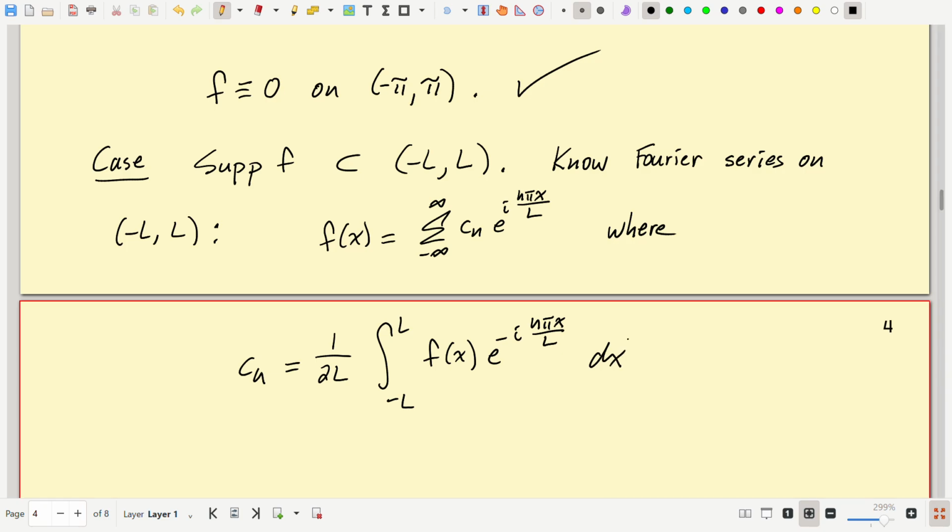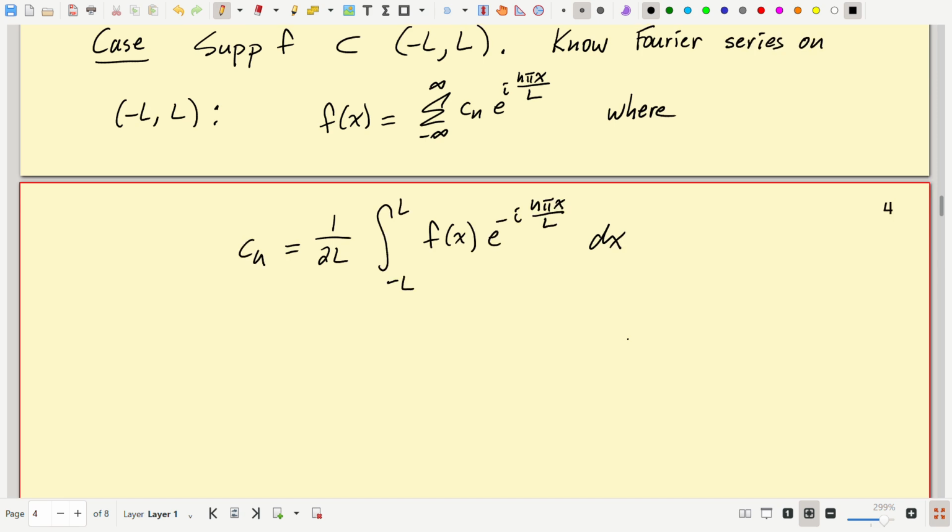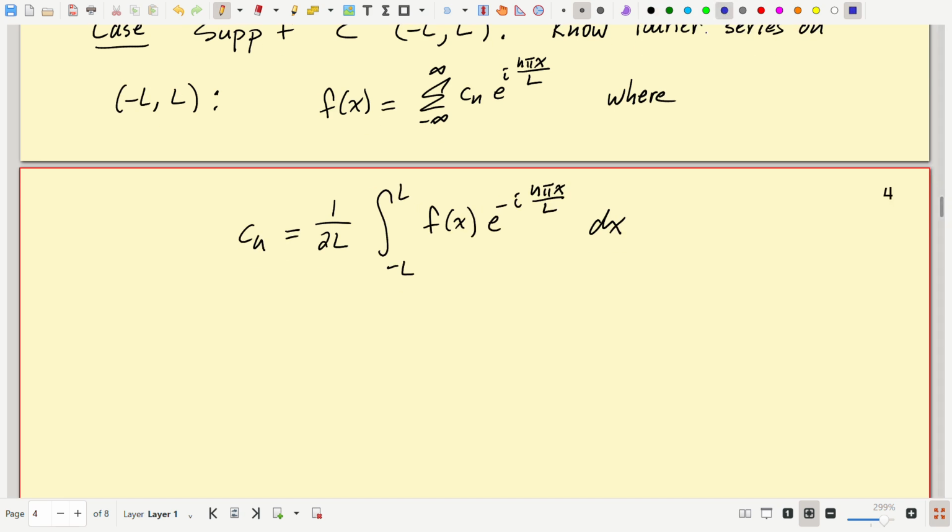And we see the Fourier transform there again. That would be equal to 1 over 2L, because f has compact support, the same as this integral.